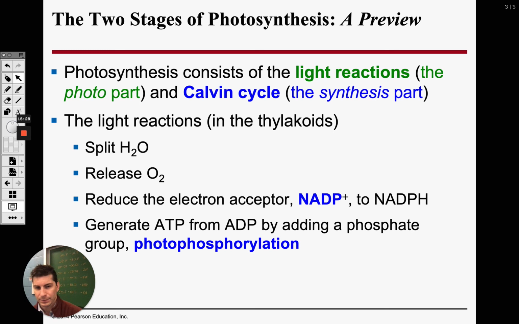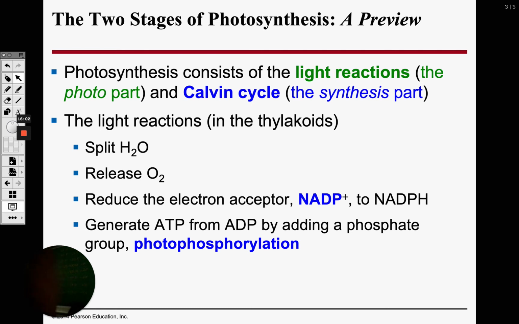Now, if you remember from the electron transport chain, the Krebs cycle, and glycolysis, we had NAD+ and it turned into NADH. All that did was carry electrons around and get rid of them when it needed to, and gain them, and it just kept going back and forth, especially with fermentation. So this molecule, NADP+ and NADPH, is the exact same thing as NAD+ and NADH.